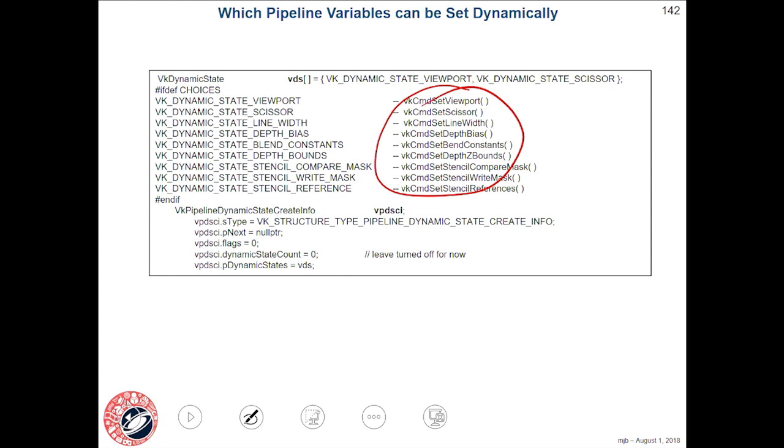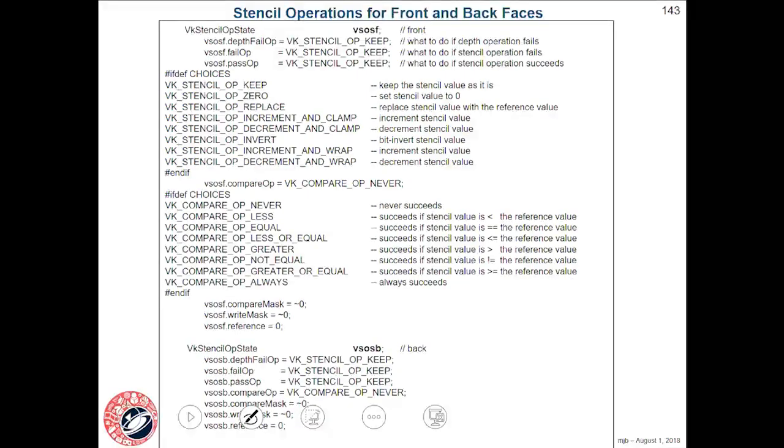So the pipeline creation has to be prepared for it. But the good news is you can do it. If you tell the pipeline to be prepared for it and you forget to actually change them when you're doing the commands, you'll get an error because the pipeline's looking to make it happen. Again, front and back faces. This also comes up in the Z buffering. Do I want a Z buffer on things that are facing, or that are deeper or shallower?